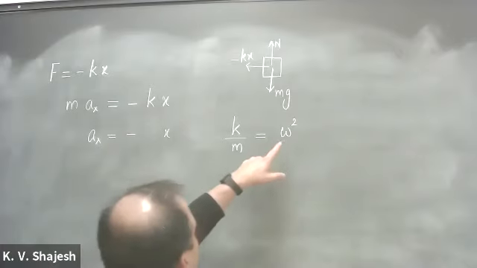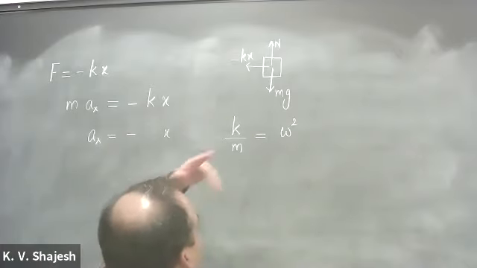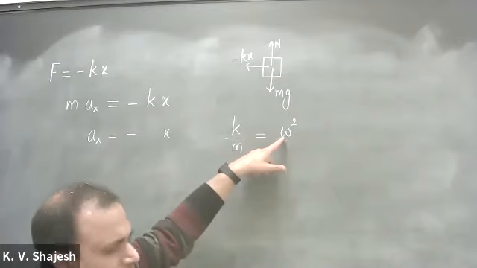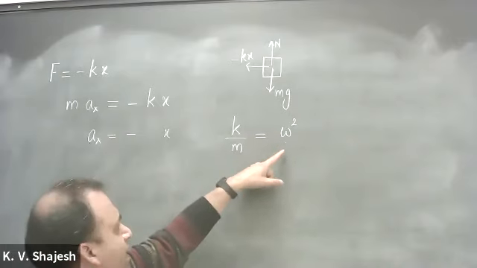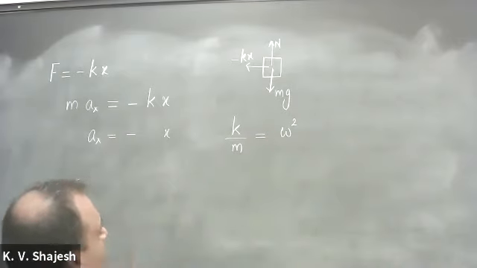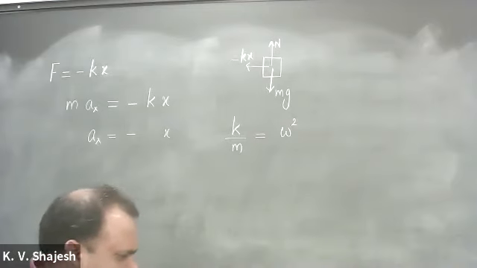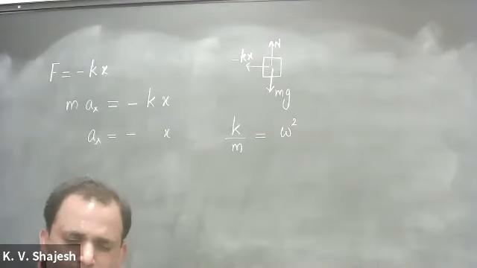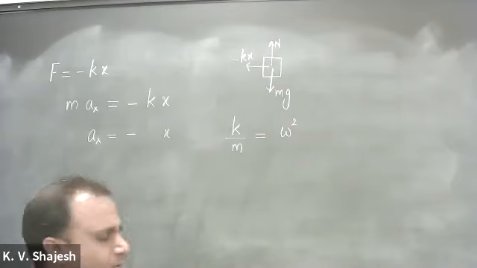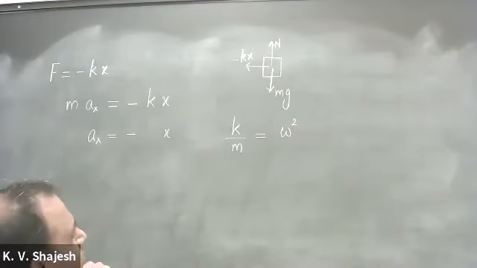Omega in rotational motion, we found angular velocity was represented by the letter omega. It will play the same role, and even before that, we had angular frequency as 2 pi over time period when we were talking about centripetal acceleration.